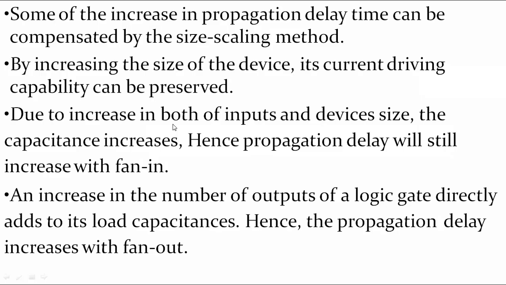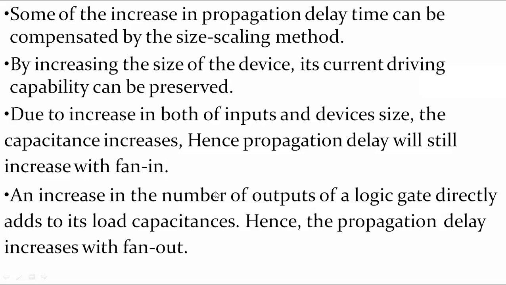Hence propagation delay will still increase with fan-in. If you increase the device size, automatically the capacitance increases. When capacitance increases, already you know that tau equals RC. If you increase the C, automatically it increases the tau. Hence the propagation delay will still increase with fan-in.